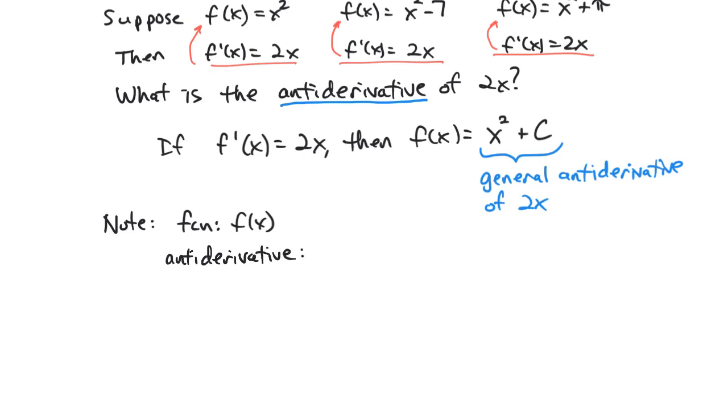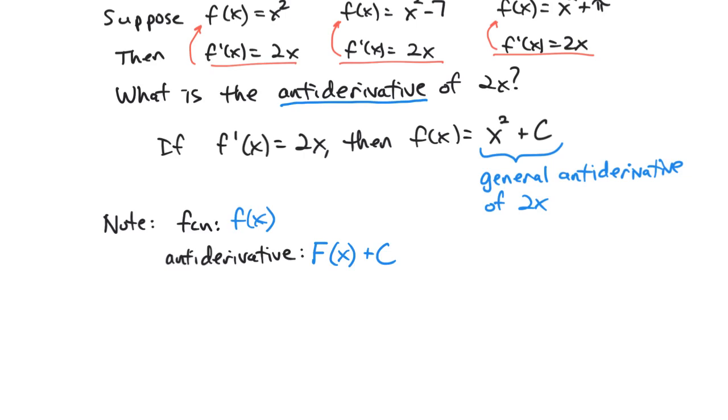Let me do this in a different color to make it clear. So we have this function f of x, and then we have the antiderivative of f of x. And to show that it's the antiderivative, what the book will do is they'll use capital F of x plus c.